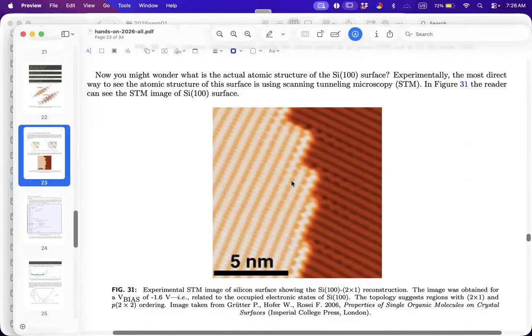We start to inject electrons into the system, so they have to occupy the unoccupied states. The electrons have to map the unoccupied states on the surface. So for negative bias, we observe the occupied states. Okay. You might ask, why is it important to do this?